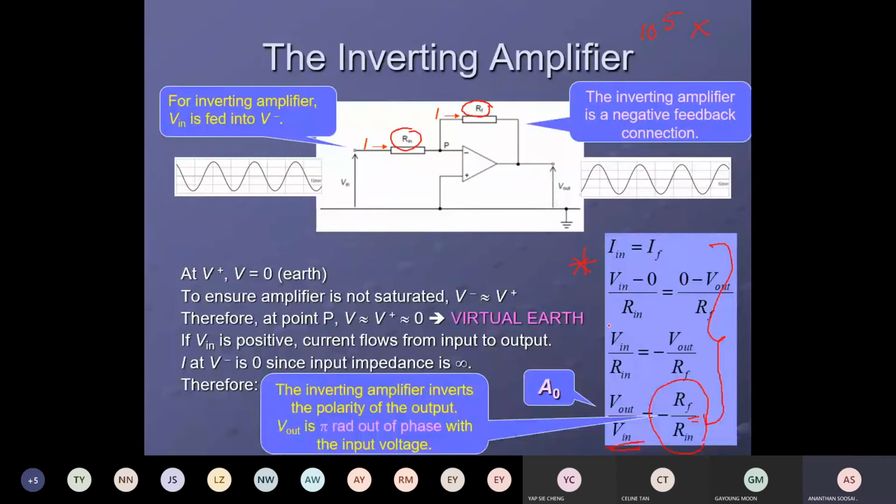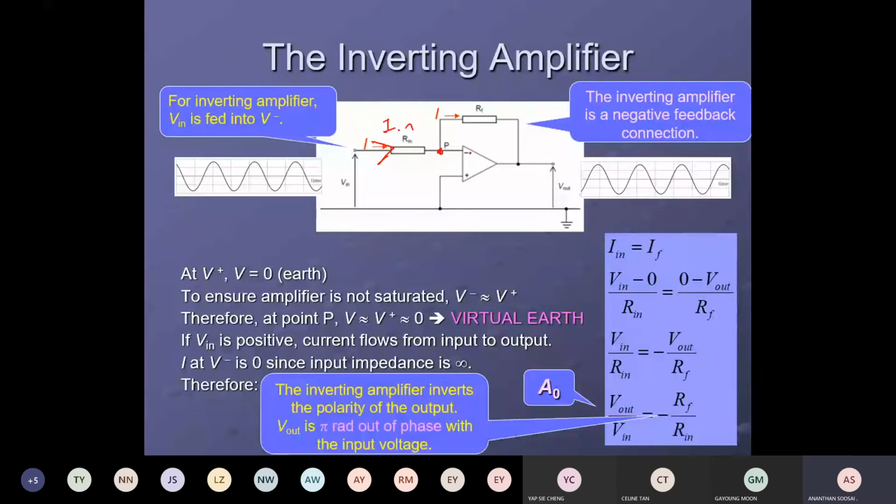Okay. Now, how they got this gain formula, the derivation, you have to know. Let's spend 3 minutes to get this derivation correct. First, they start the derivation by saying Iin equals IF. What is Iin equals IF? The current flowing in Rin is called Iin, and the current comes to this P junction. Is there any current flowing into the op-amp?